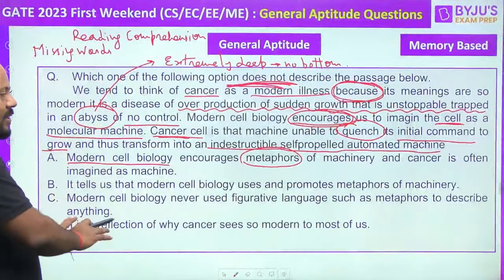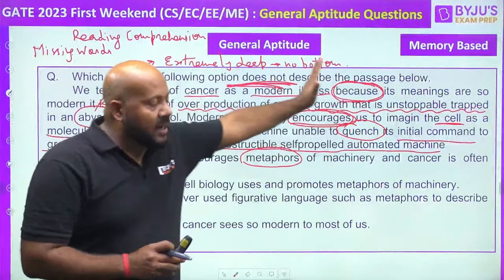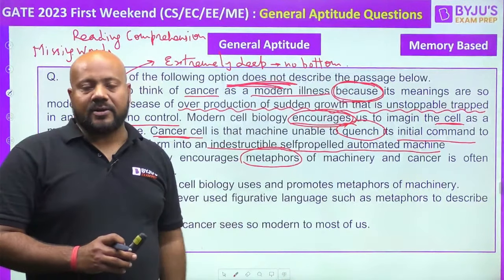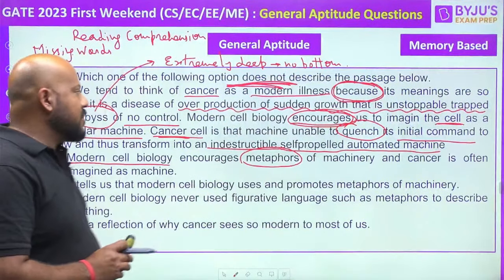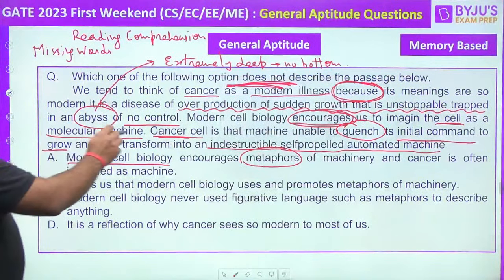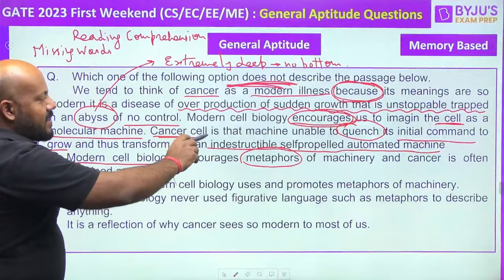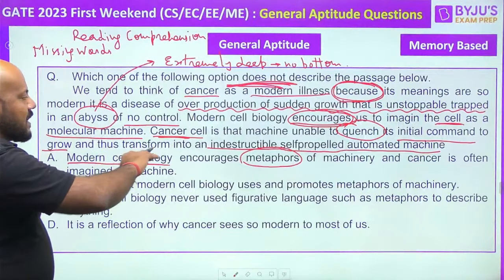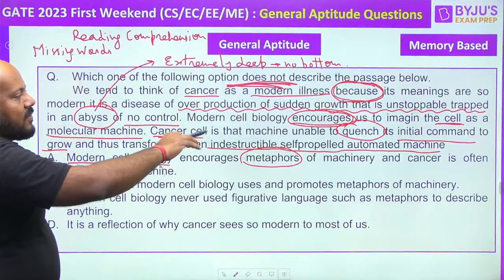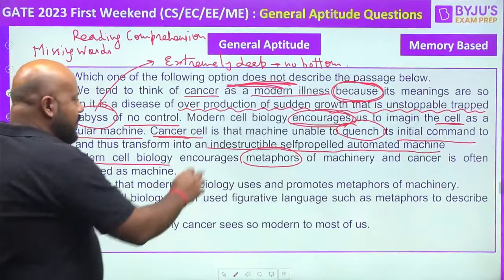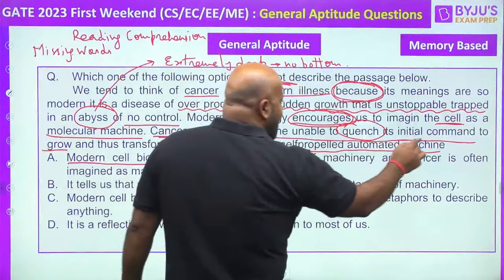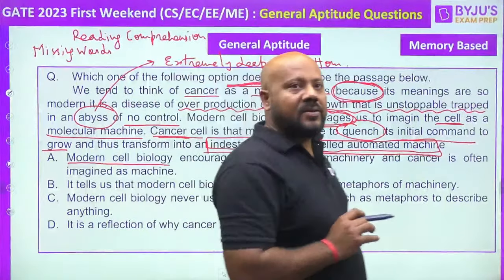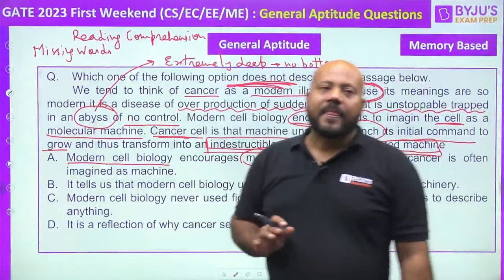But if it is going to be does describe the passage, then whatever I have explained has to be the correct answer. Accordingly, I have to change. Then he is saying, the cancer cell is that machine unable to quench its initial command to grow and thus transformed into an indestructible self-propelled automated machine. So he is using pomp and show words here, you can say.